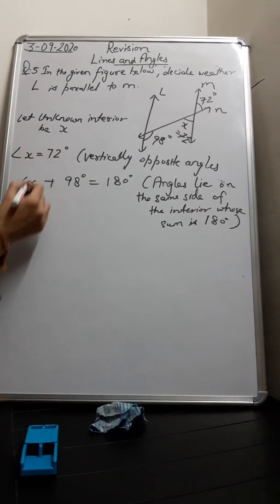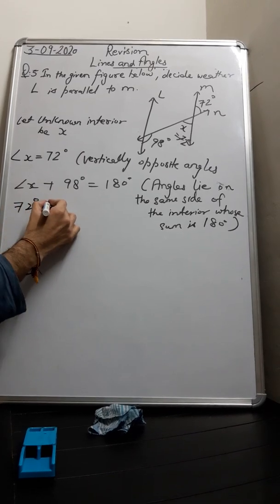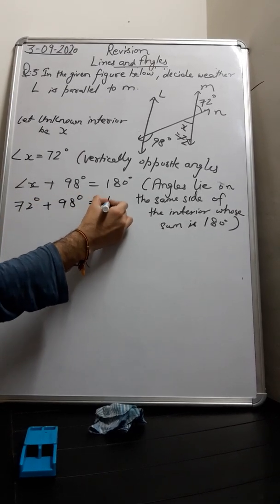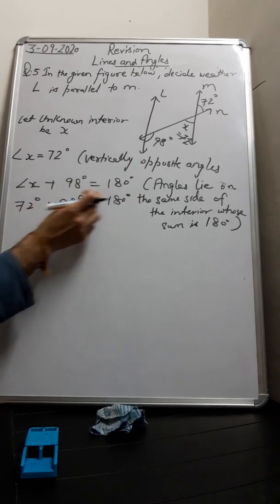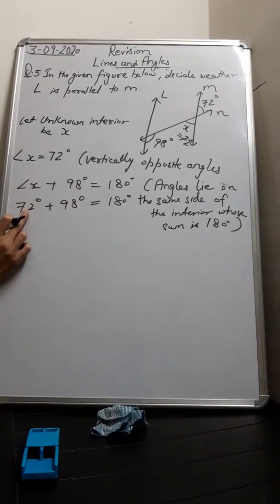So angle x is 72 degree, angle x plus 98 should be equal to 180 degree. So here we have put the value of x, that is 72 degree.